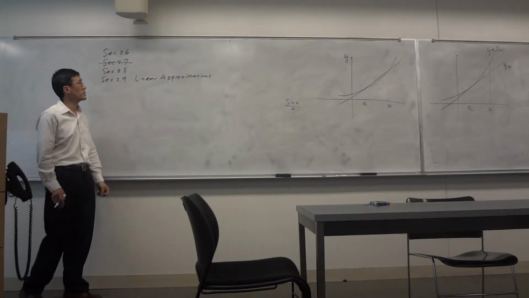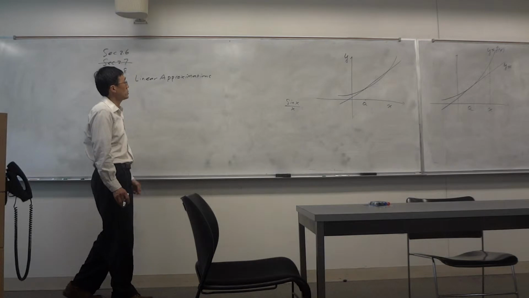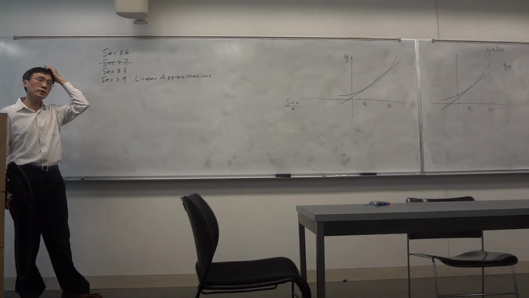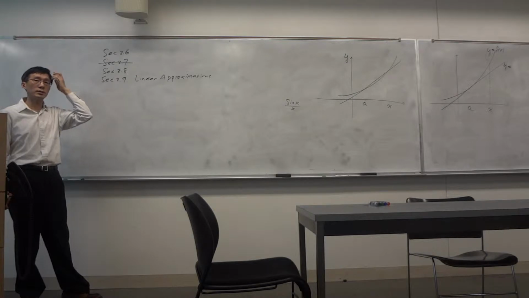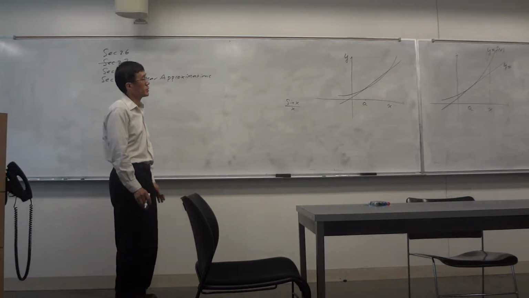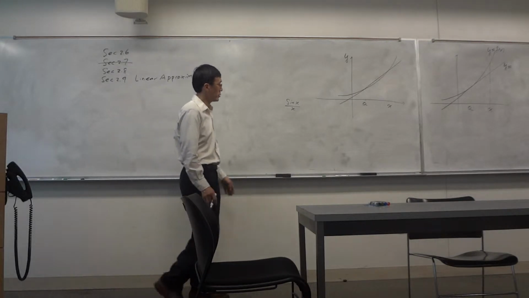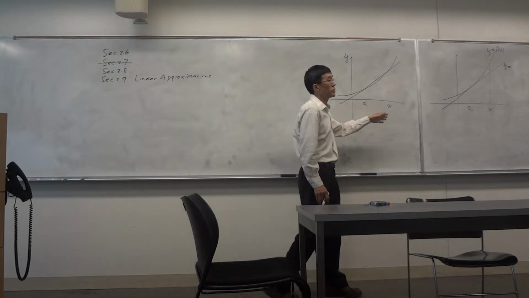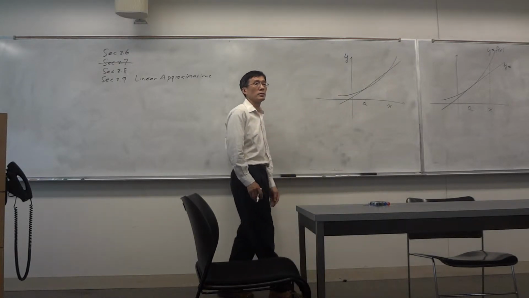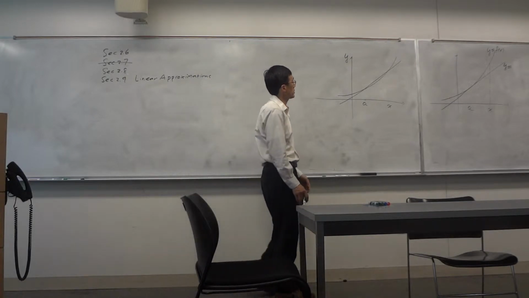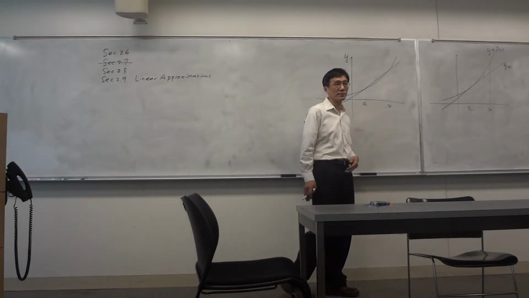So linear approximation is a way to use a straight line to approximate a function y equals f(x). The picture should show you the whole idea here. Notice that I draw two different pictures, and it's a little confusing to begin with. You can argue both pictures could work.